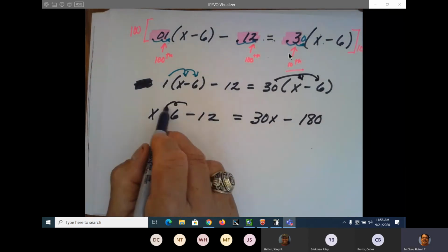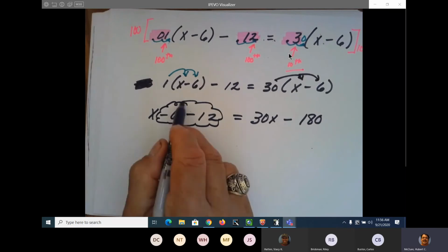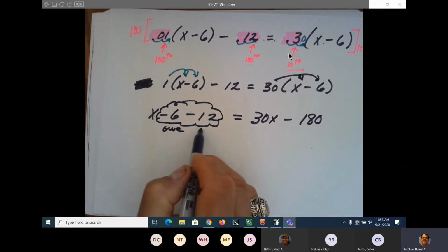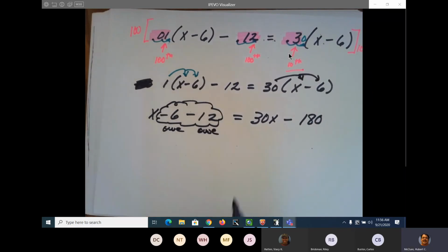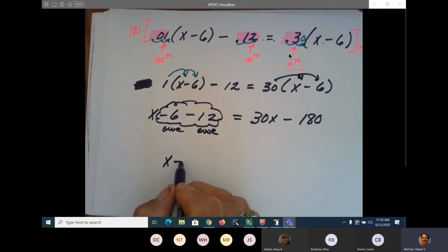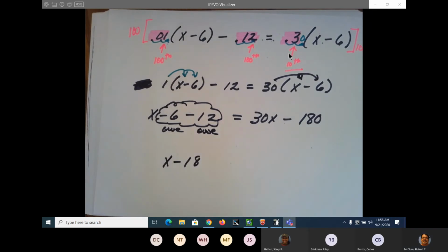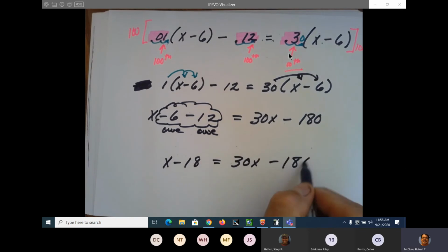Got to combine like terms here. You owe $6, you owe $12. That's my life. x minus 18 equals 30x minus 180. Which one's the smallest bucket, 1x or 30x? 1x.